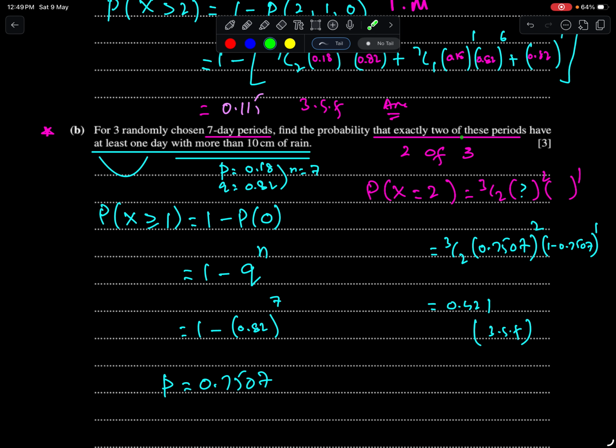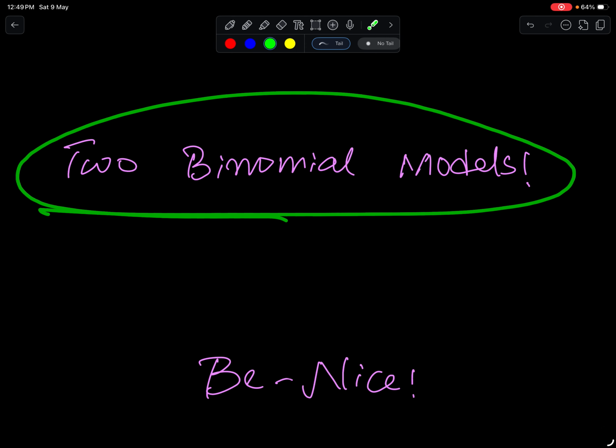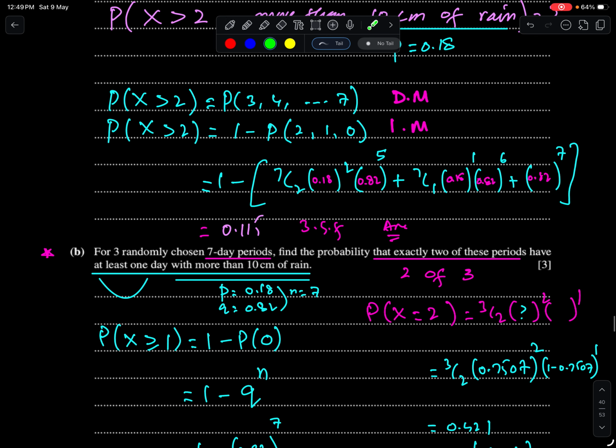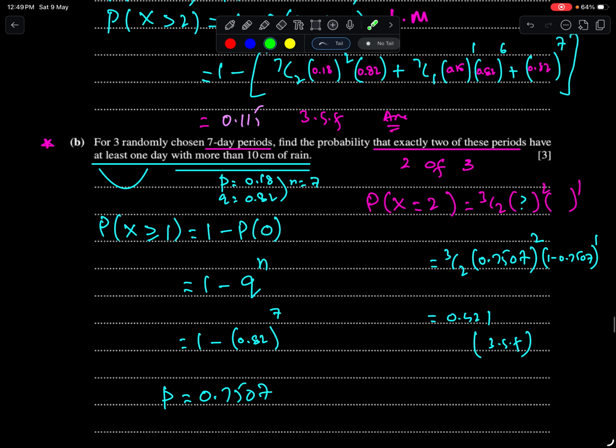For P, we have to use this information: have at least 1 day with more than 10 centimeter of rain. This information will give you P for this part, and that is why this is known as two binomial models, because we need P, we find P with the help of the previous model or previous part.